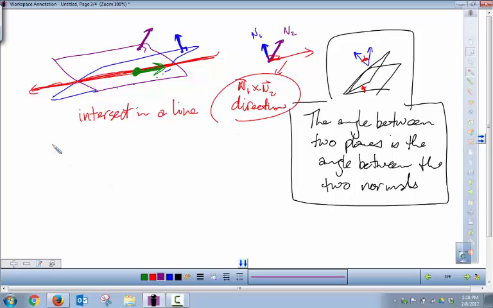So to find a point, we're going to let one of the variables equal 0, assuming it's going to hit a coordinate plane.